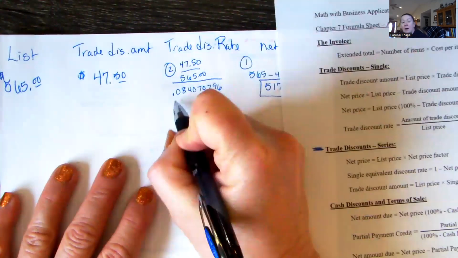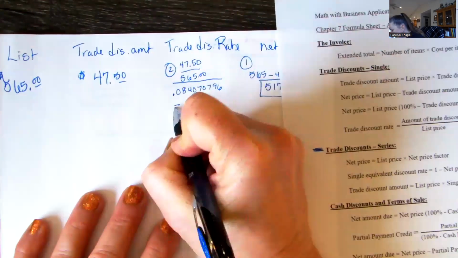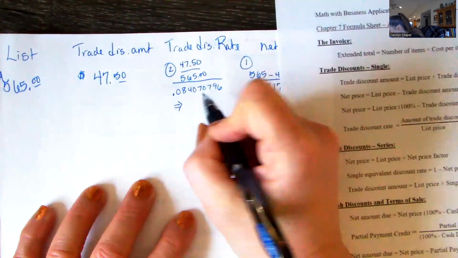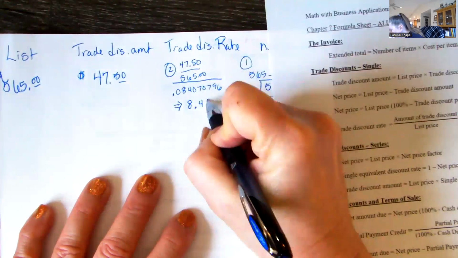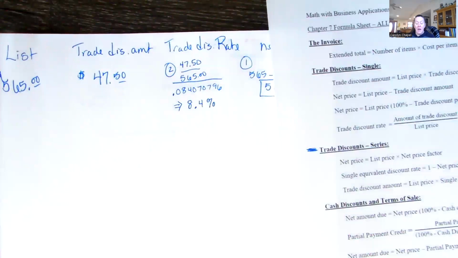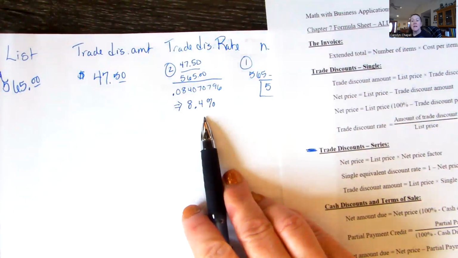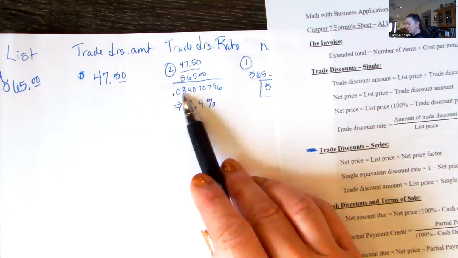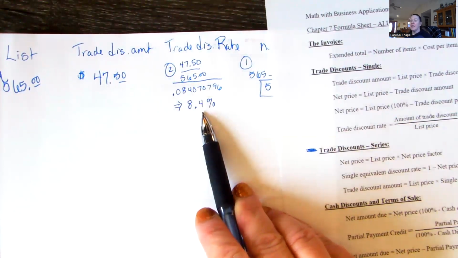Remember, this is going to be that rate in decimal form. So we do need to convert it into our percentage. So we have that 8.4, and I'm going to just round it to one decimal, 8.4%. Again, round to whatever your directions tell you, but make sure you move it to the percentage first and then round. So don't round here, change it into our percent first and then round.